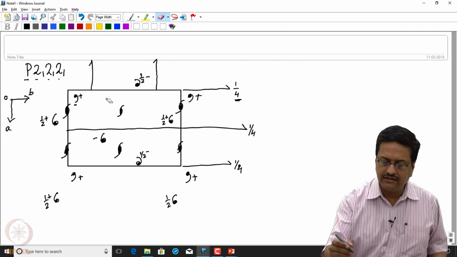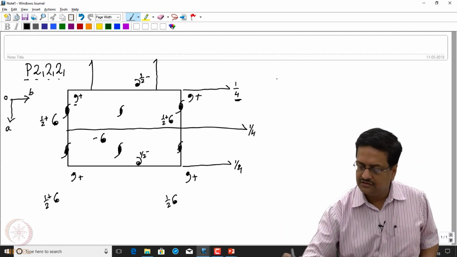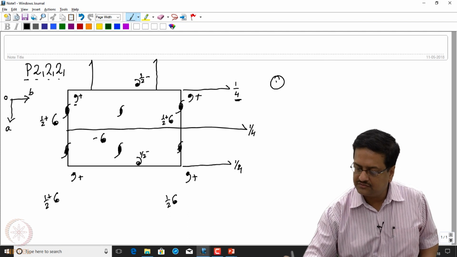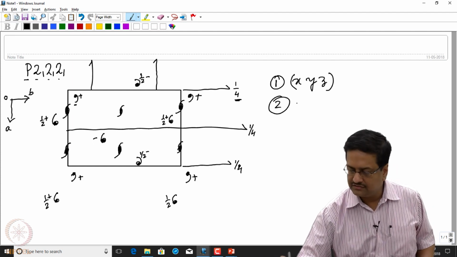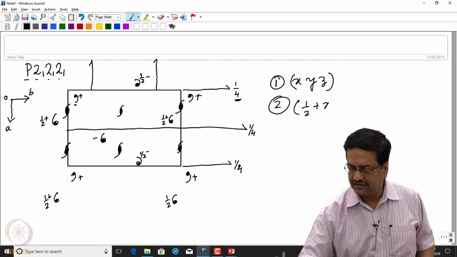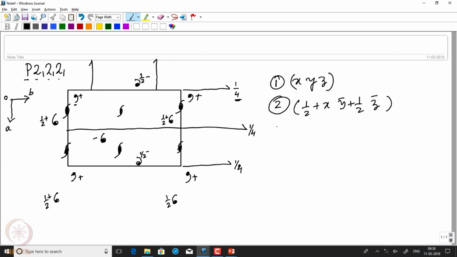I can designate them now with the corresponding equivalent points, corresponding x, y, z coordinates. So point number 1 is x, y, z. Point number 2 is half plus x, y bar plus half, z bar.